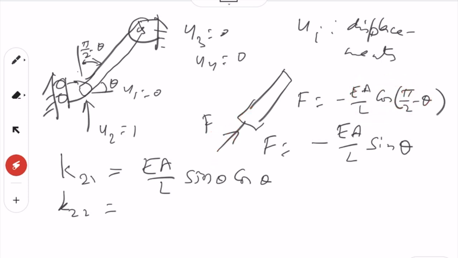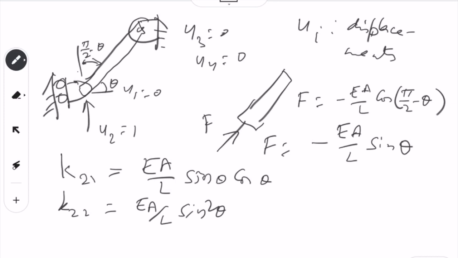We have this force along this member, and we have to take the vertical component: this value multiplied by cos of whatever angle is here, and the angle is pi over 2 minus theta. So cos of this is sin theta only, so we get K22 is nothing but EA over L sin square theta.